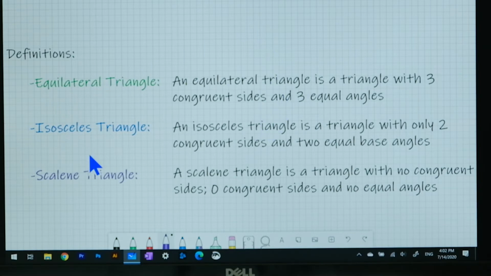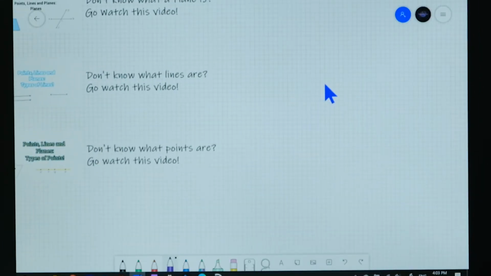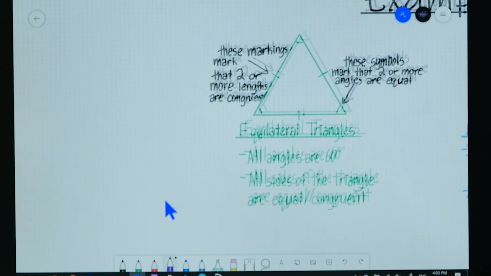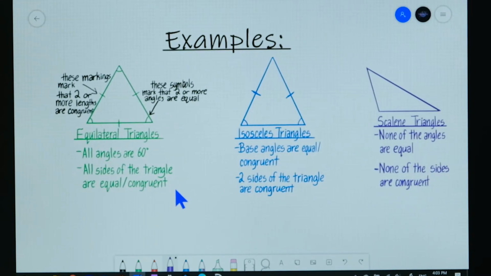An isosceles triangle is a triangle with only 2 congruent sides and 2 equal base angles. And finally, a scalene triangle is a triangle with no congruent sides, meaning 0 congruent sides and 0 equal angles.